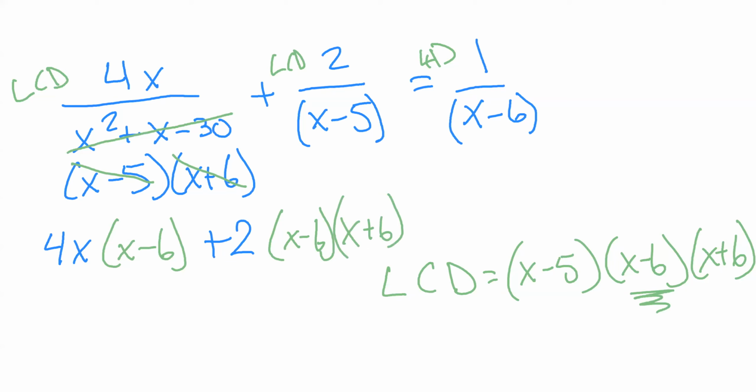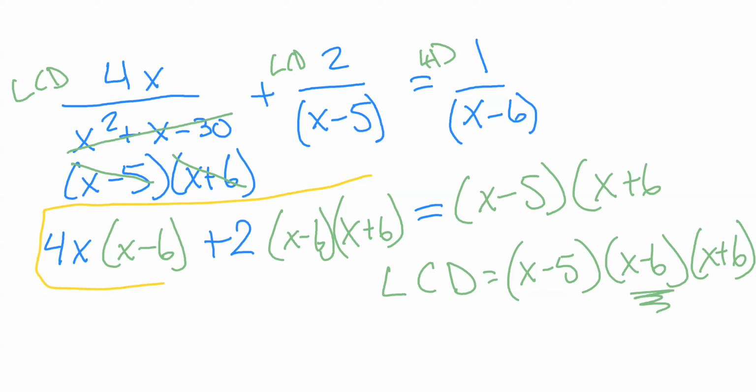Okay. And then our third term, we've got a factor of x minus 6 in the bottom. So those will cancel out, but we're still going to have the x minus 5 and the x plus 6. Okay, so this is what we're looking at now that we've multiplied by the LCD.